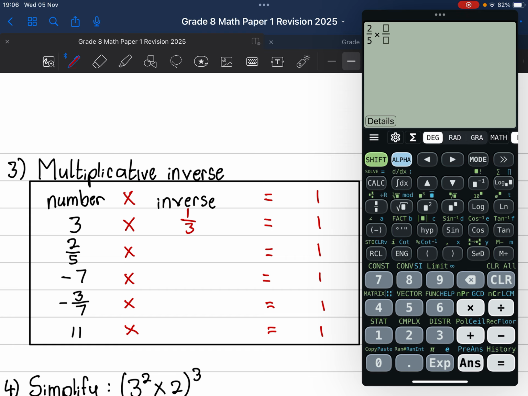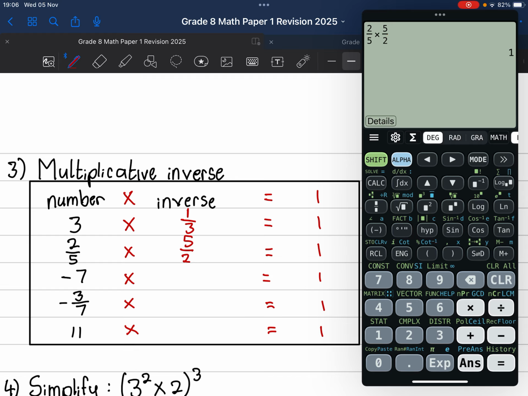The answer is simply 5 over 2, because what's going to happen is you get 2 divided by 2 and 5 divided by 5 in the same sequence. So all we had to do here was flip the fraction around, change the order of the numerator and the denominator, flip them around, and you've got your multiplicative inverse.